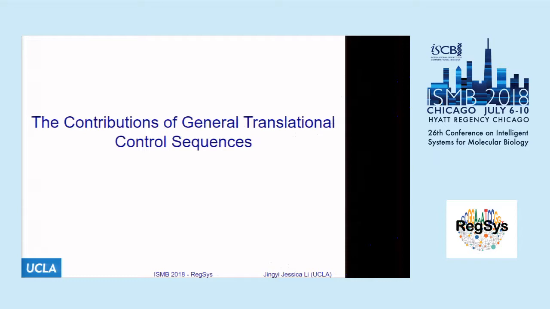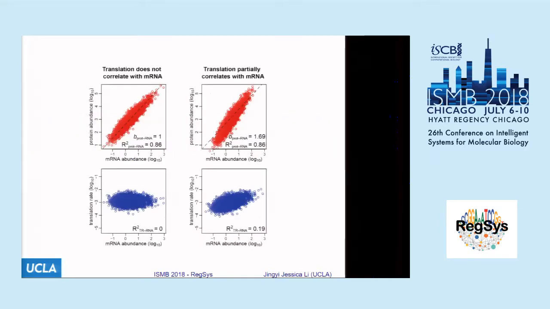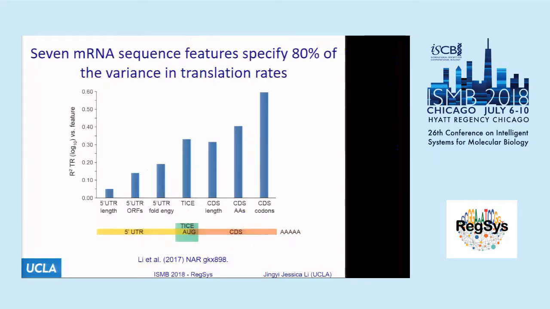Then from a mechanistic perspective, we're interested in how some general sequence features contribute to translation rates in the independent and dependent components. In our paper, we found 7 feature sets which are biologically meaningful and can well explain translation rates.